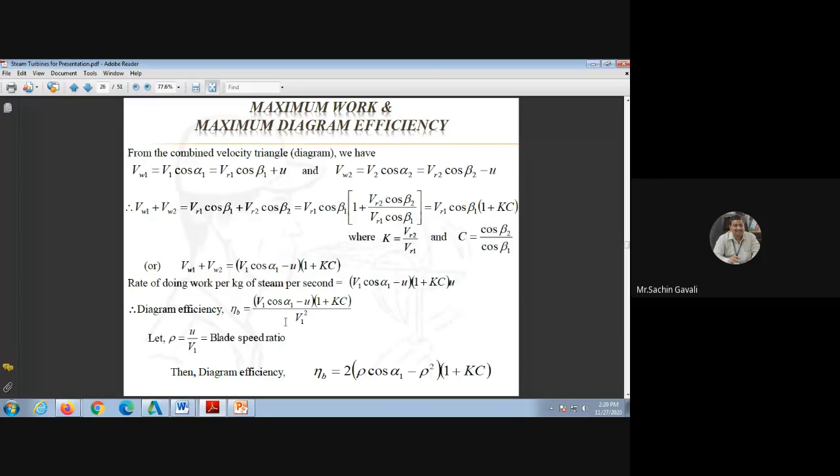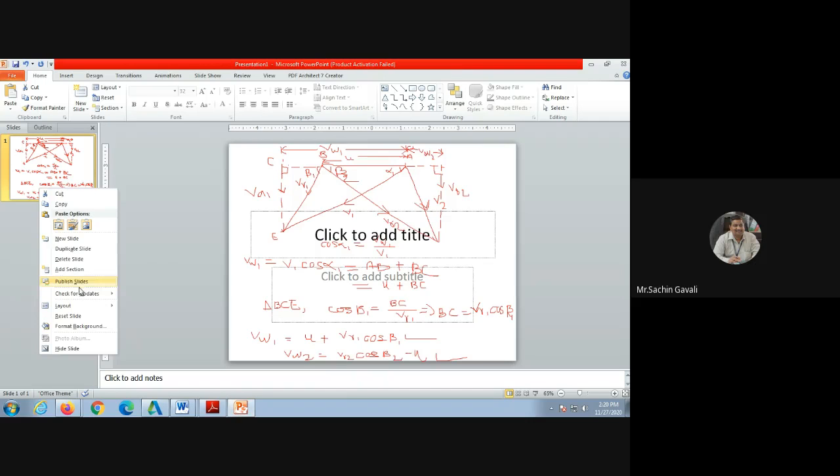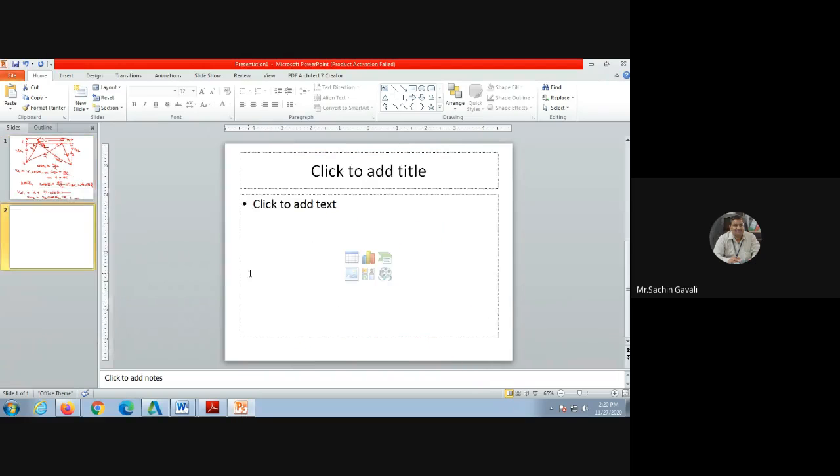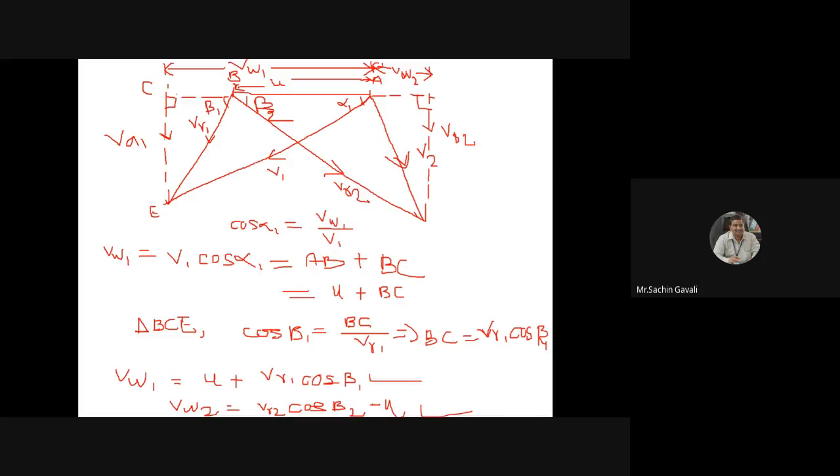So then let rho is equal to U upon V1. Blade speed ratio is called what? Blade speed ratio. Okay. Therefore, diagram efficiency. आता ह्याच्यामध्ये काय झालं, एक मिनिट, I will write. Now we want to calculate eta blade.